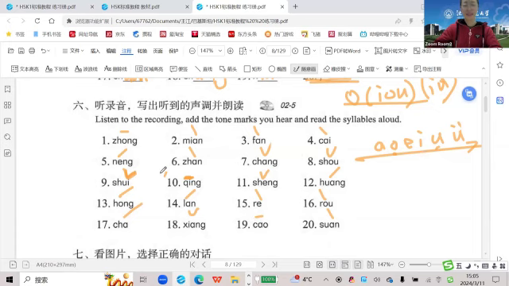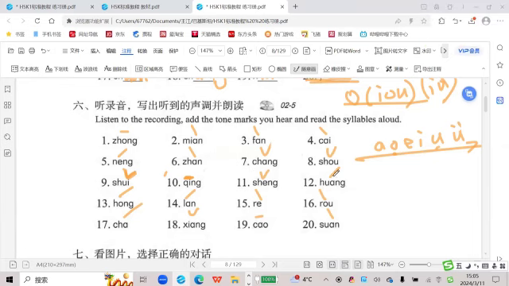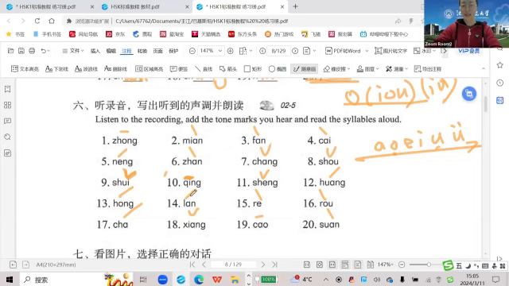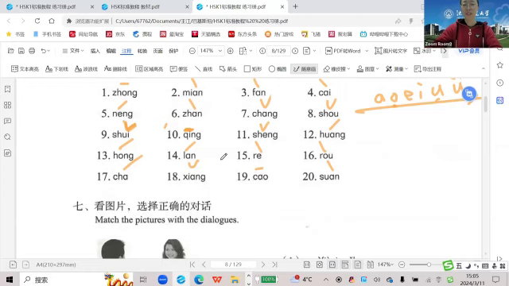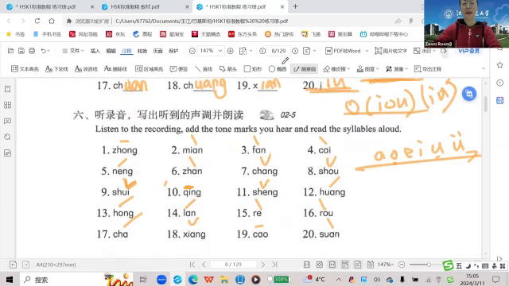Okay, so can you read these syllables by yourself and read the syllables correctly? I think so far we have finished learning all the initials and the finals. You should be able to read any syllables correctly by yourself.